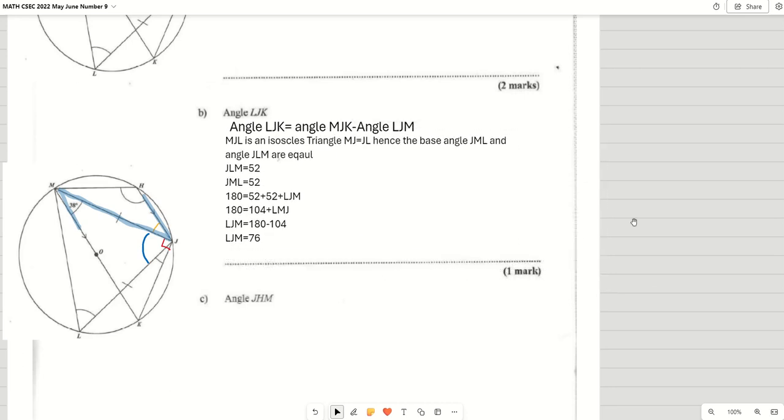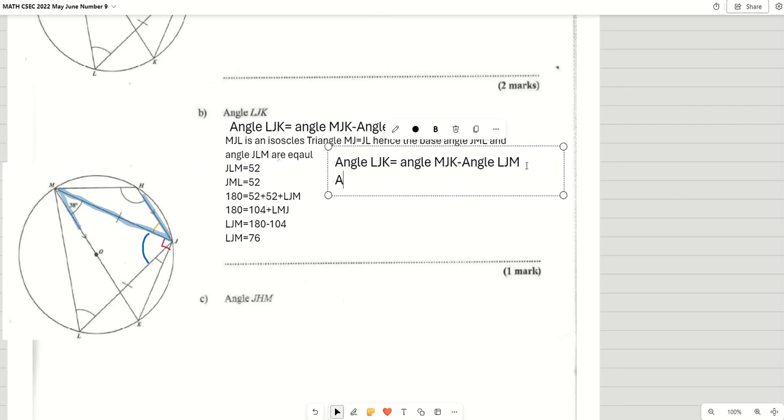Alright, let's make this smaller so I can have space to write my other stuff. Now remember this first part here, we found out LJM. We know that angle MJK is 90. So we would use this formula now, to put in the values.